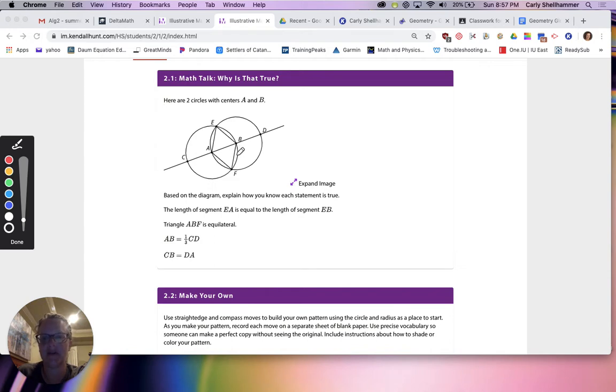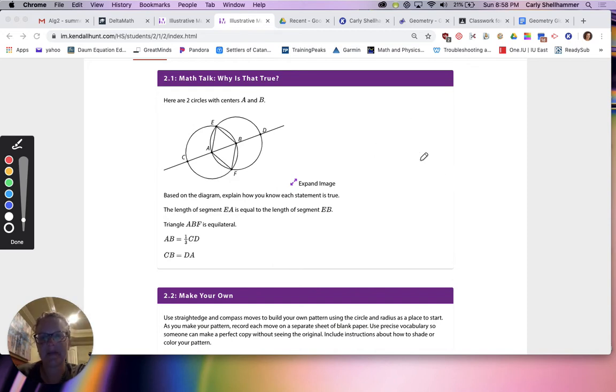Therefore, they're all congruent, right? Therefore, they're equilateral because the definition of equilateral is equal sides, equal measured sides. Okay, a triangle with equal measured sides. So I drew a triangle. If that side is congruent to that side, it's congruent to that side, it's equilateral.